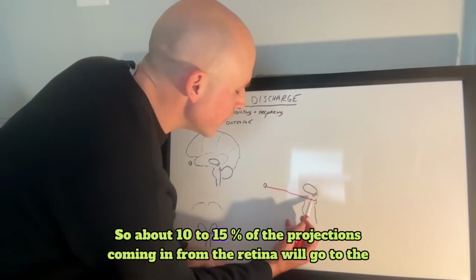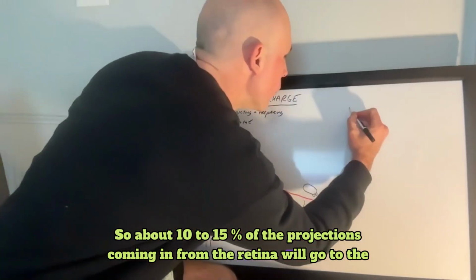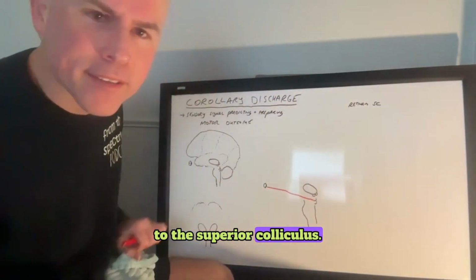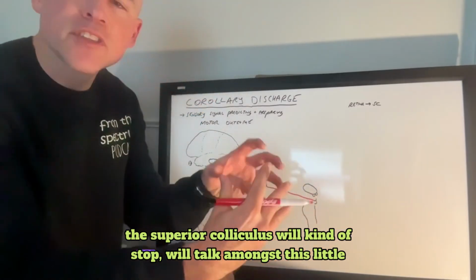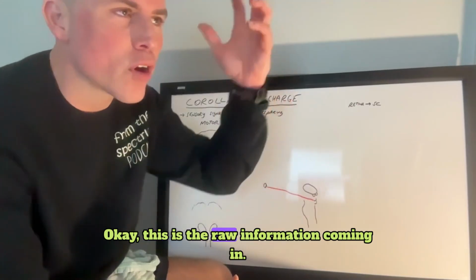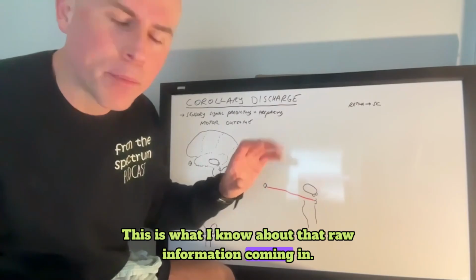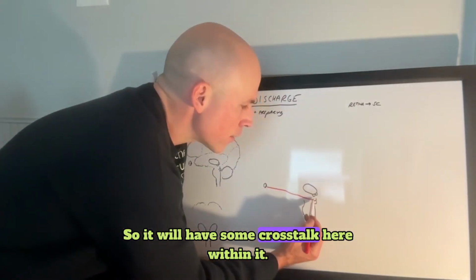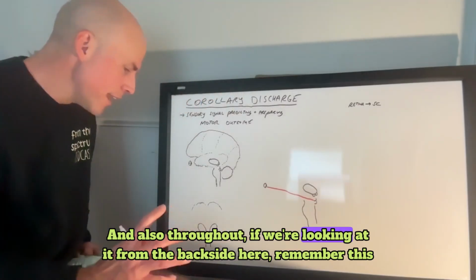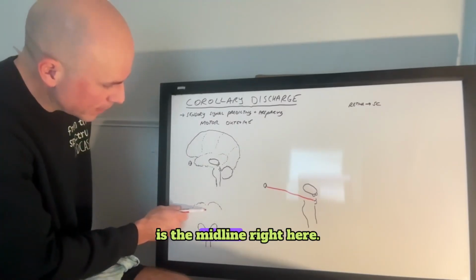So about 10 to 15% of the projections coming in from the retina will go to the superior colliculus. Retina to the superior colliculus. The superior colliculus will talk amongst its little nuclei. This is the raw information coming in. So it will have some crosstalk within it. And also, if we're looking at it from the back side here, remember this is the midline right here.